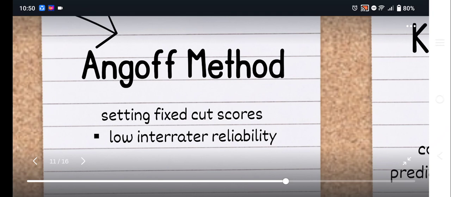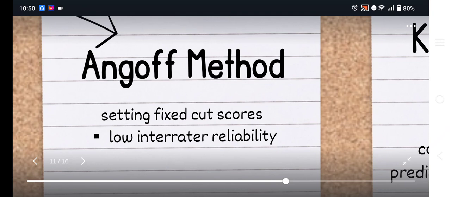Persons who score at or above the cut score are considered high enough in the ability to be hired, or sufficiently high in the trait, attribute, or ability of interest. Okay, yun po yung Angoff. This method works as well as long as the experts agree.